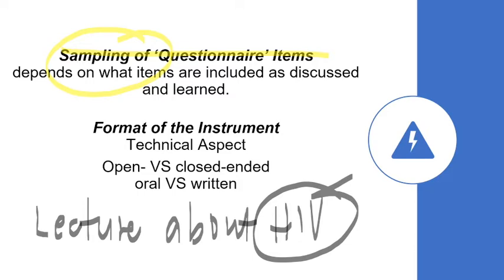Let's say you're doing an interview and the instruction reads: Read each item carefully. Encircle your choice or encircle the best answer. Come to think of it, you're doing an interview and then you instruct them to encircle the best answer. Really, are you doing an interview or will you ask the participant to answer?